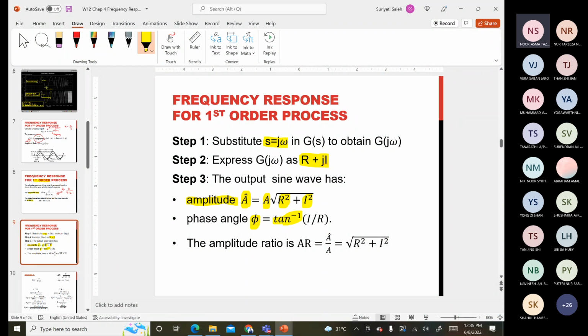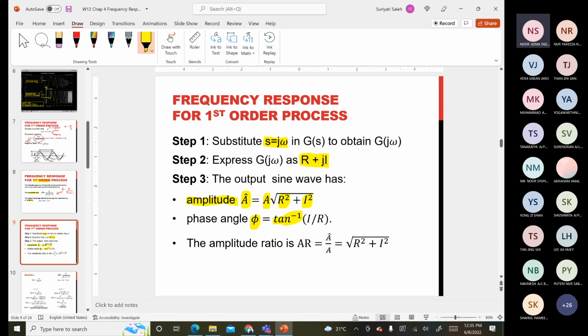So this is the standard equation, where to obtain the amplitude ratio, A cap over A is equivalent to the square root of R square plus I square. This is the procedure for how to convert the Laplace transform into the frequency response.